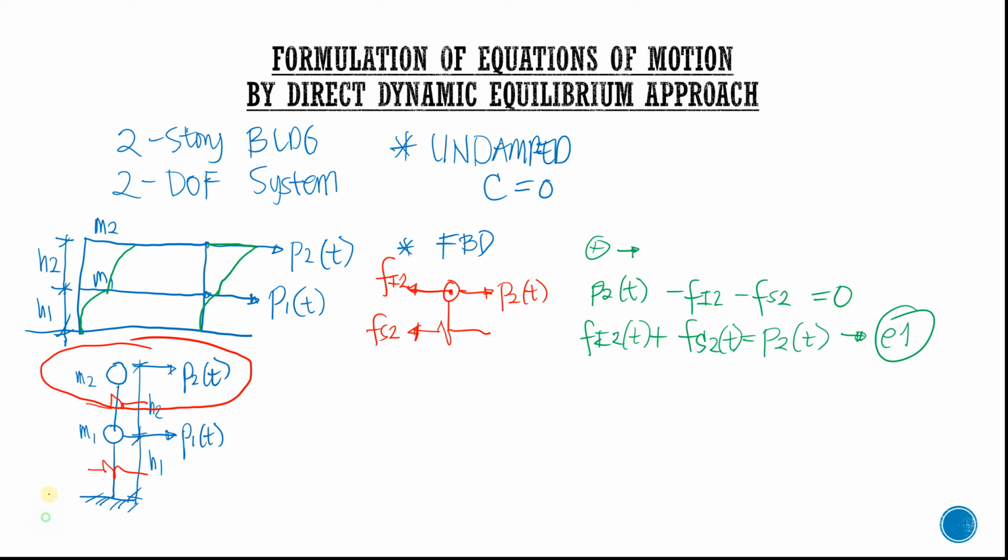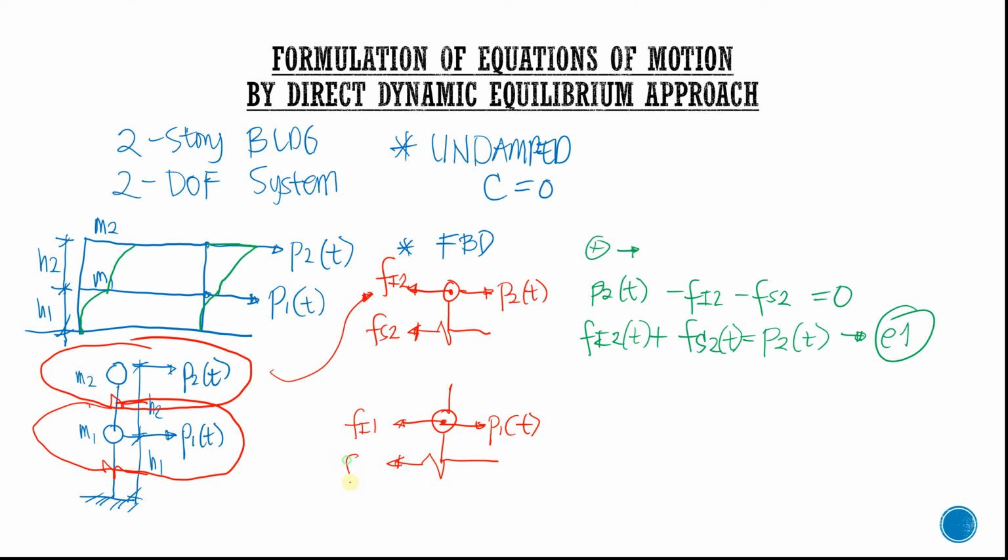Now, since we have used the FBD for this one to calculate the equation of motion, next we're going to have the FBD of that one to calculate another equation of motion. We have our dynamic force for the first floor there, and then we have our inertia force for the first floor. And as well, we have our elastic force or static force for the first floor.